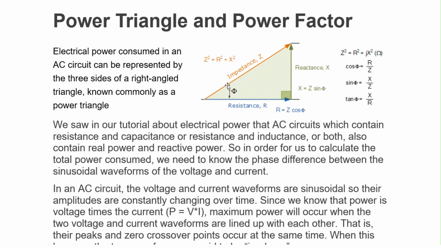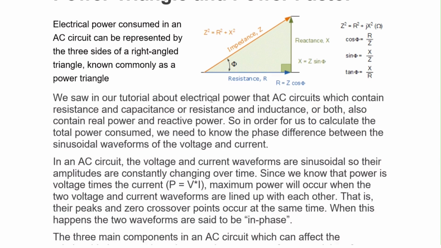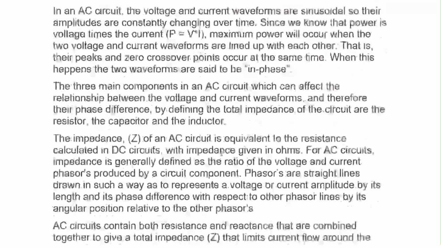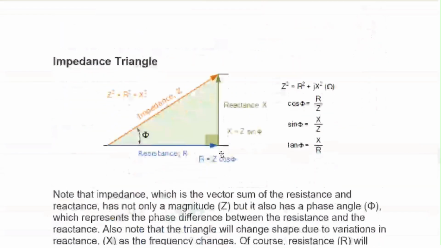What will be the angle of phase angle of lead or lag? That is decided by impedance and this resistance. Impedance is the net of resistance and reactances together. So the angle between voltage and the current is basically the angle between resistance and the impedance of the triangle here, right?